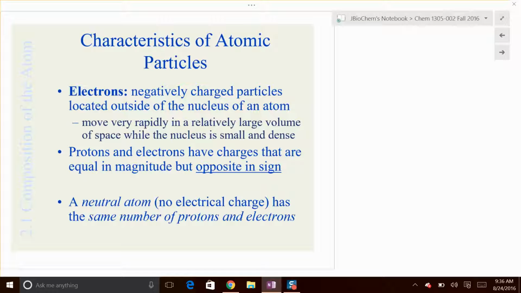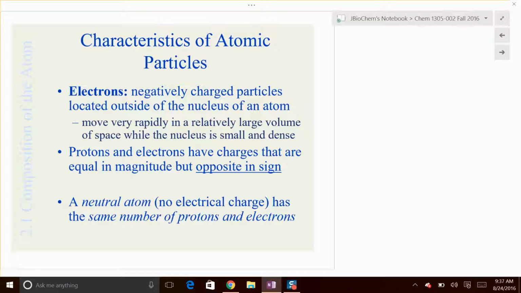Okay? And the size of an atom is basically due to the volume that the electrons move in. So if the electrons are attracted more strongly to the nucleus, they move in a smaller volume, and the atom would be smaller.